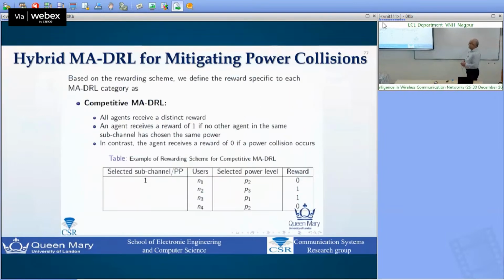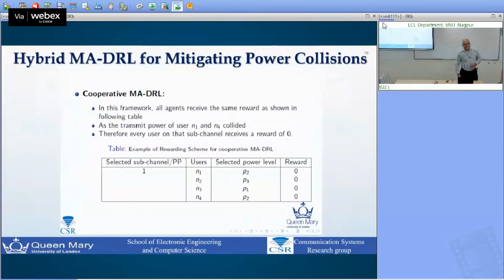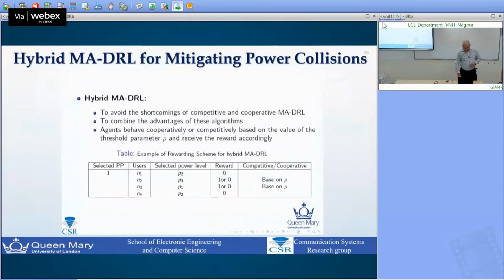As I mentioned earlier, you know what is meant by competitive, you know what is meant by cooperative, and then you know what is meant by hybrid. Here, to avoid the disadvantages of competitive and cooperative, we combine the advantages of these two algorithms.